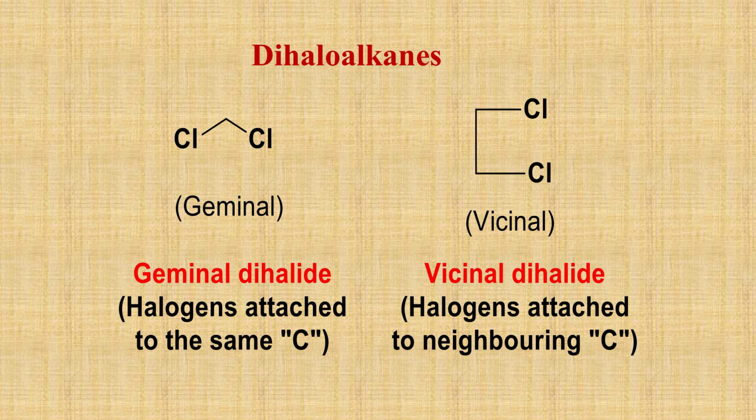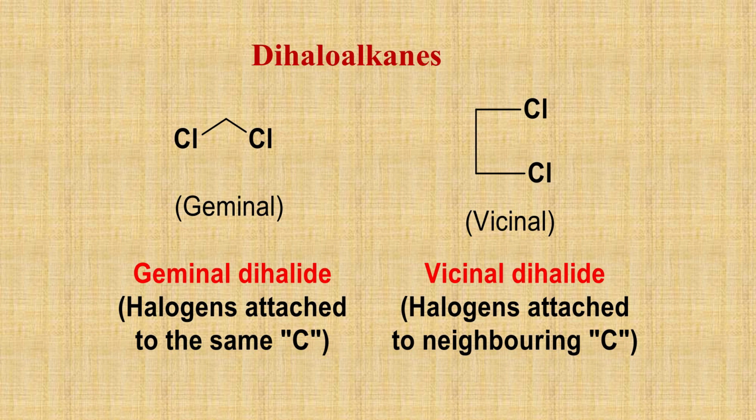What do you mean by geminal dichloride? It means if a carbon is attached to 2 halogens, remember students, then it is called geminal dihalide.